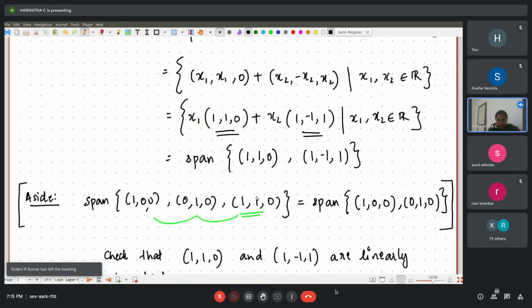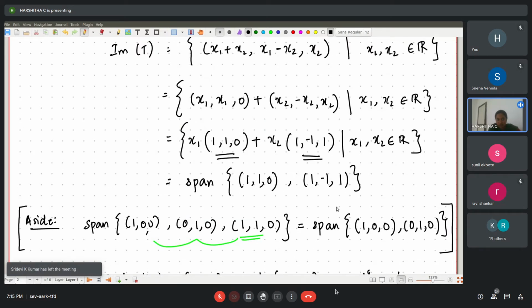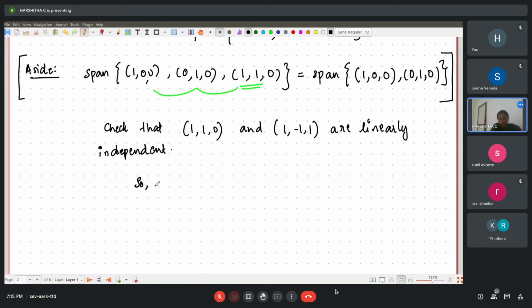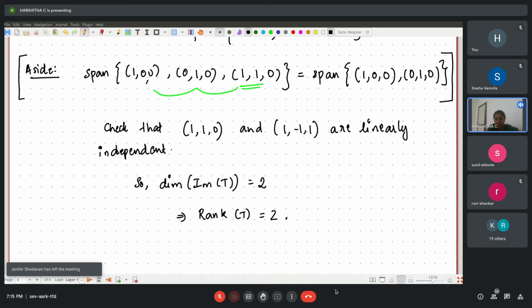So the dimension of this space is actually 2, which is what we wanted. The dimension of the image of T is 2, which is the same as the rank of T. Any questions so far?